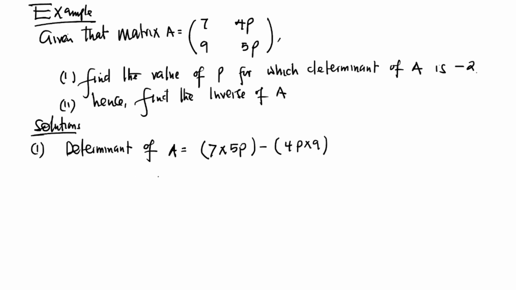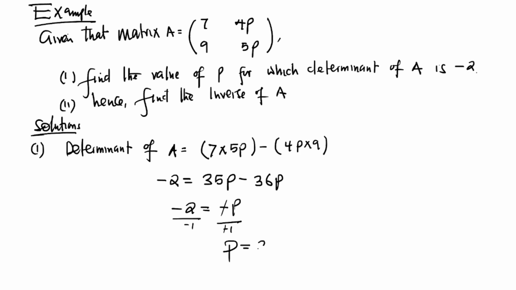So the determinant of A, given to be -2, is equal to 7 multiplied by 5p. It's going to give us 35p minus 4p multiplied by 9. That's going to give us 36p. If you subtract there, it's going to be equal to -p. You divide by negative on both sides. Okay? So the value of p there will be equal to 2.